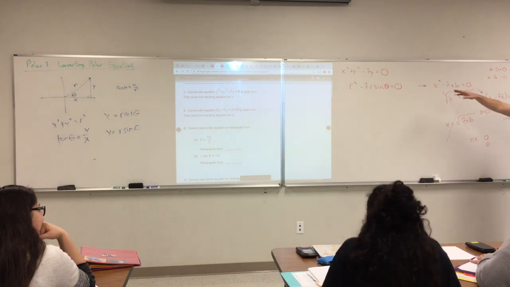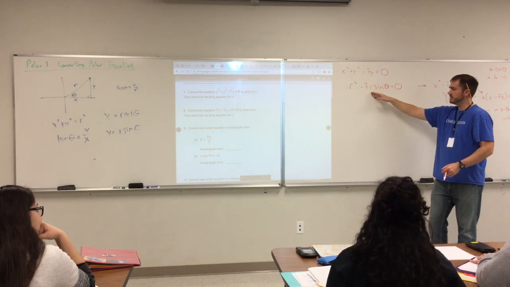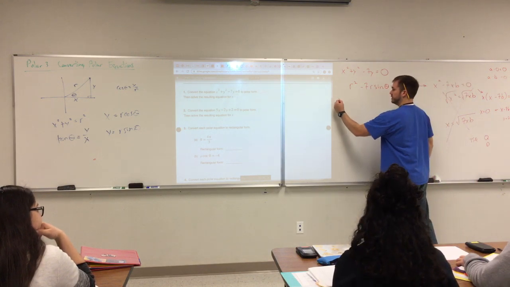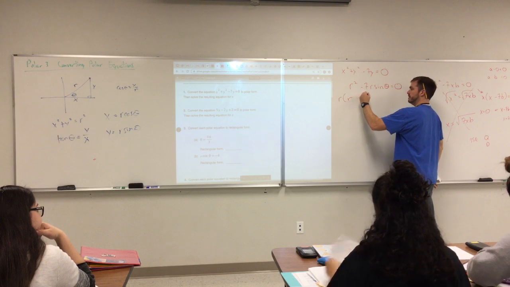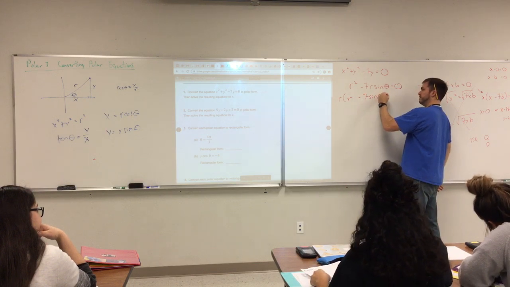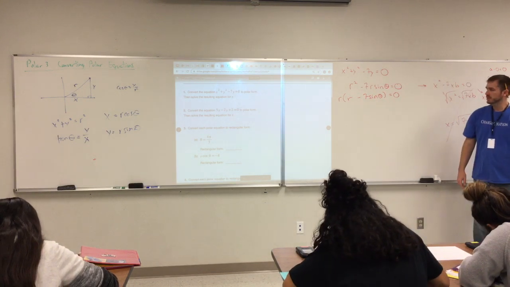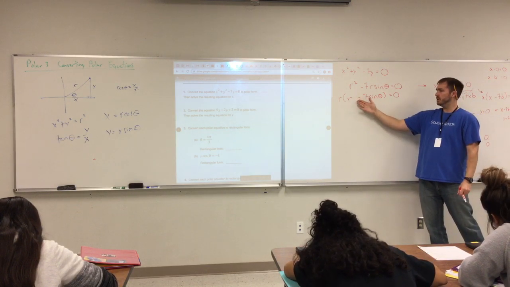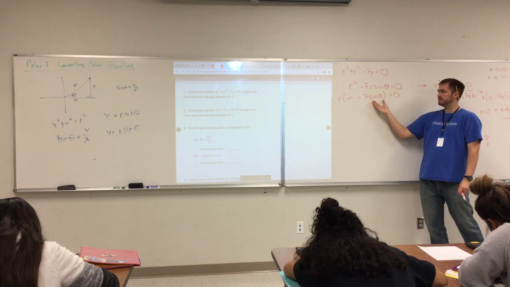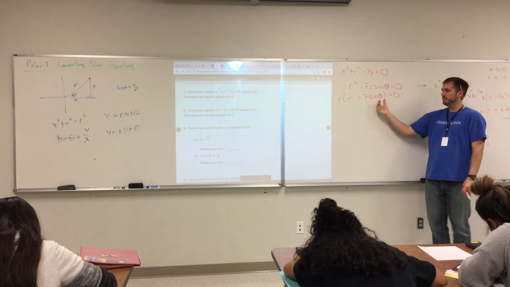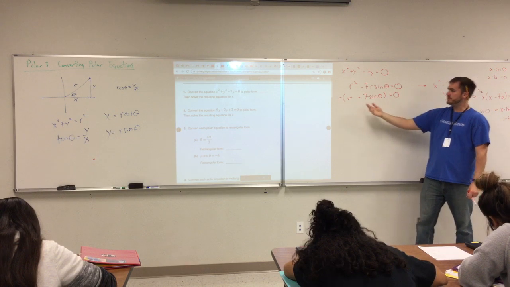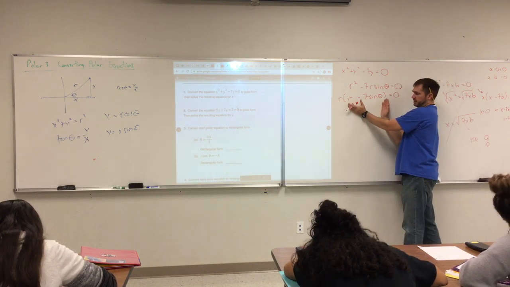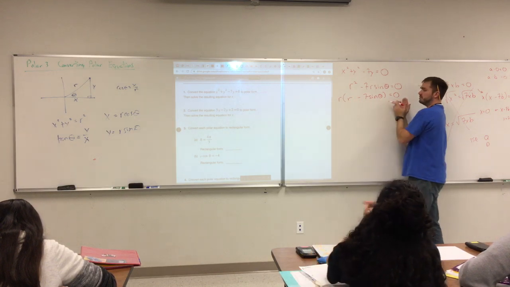Let's go back over here to this, and I notice I'm trying to solve for r. I have an r here and an r here, so I'll factor out an r. So what's left here in the parentheses is r minus 7 sine theta. Now, Sarah, I have two things that are multiplied together. This is the first thing. This is the second thing. When they multiply together, they equal 0.